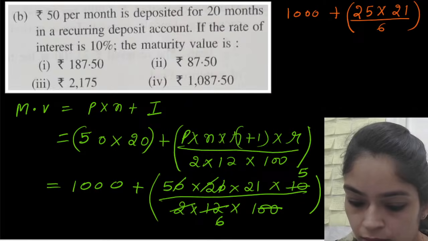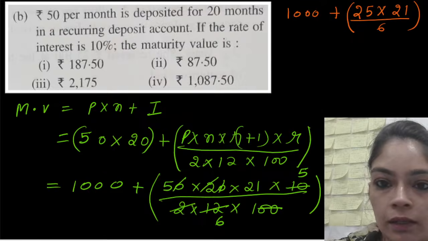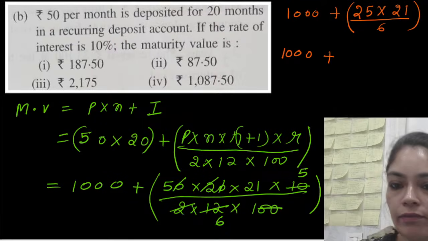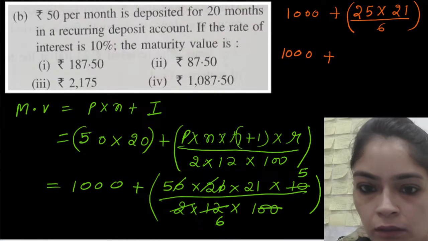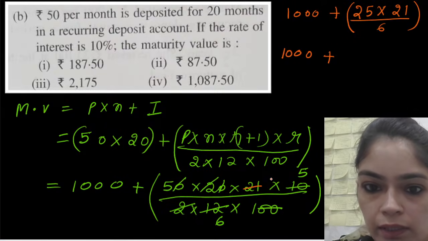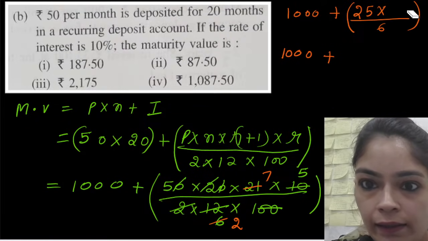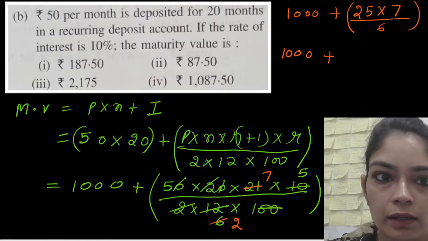Fourth option. Okay. So tell me what we will get here after multiplying. 25 into 21. So here further we can cancel on 3's table. So here itself I am 3 into 7 and 3 into 2. So here instead of this I'll write here 7 and 2.